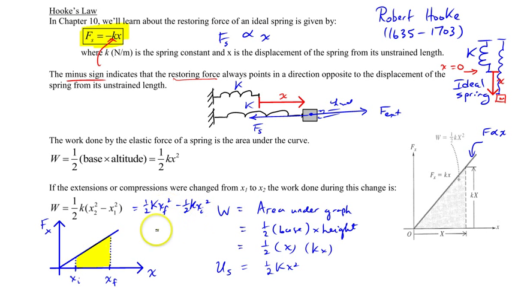And if you were to subtract those two areas, you would end up with the area of this trapezoid. And this is what the work done would be equal to. Really, what you're doing is finding the final spring potential energy minus the initial spring potential energy, which is equal to the work done.